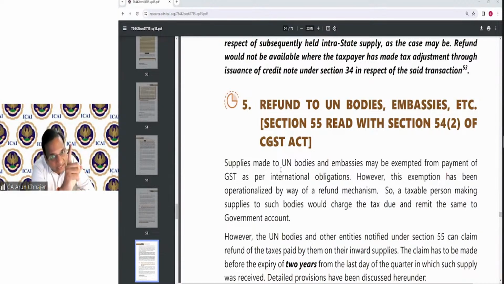If you read the definition of the registered person, it says a person who has taken registration under section 22, 24, but does not include UIN. It means the UIN holder is not a GST registered person. Then what is the purpose? The main purpose of allotting the UIN number to them is to grant the refund.